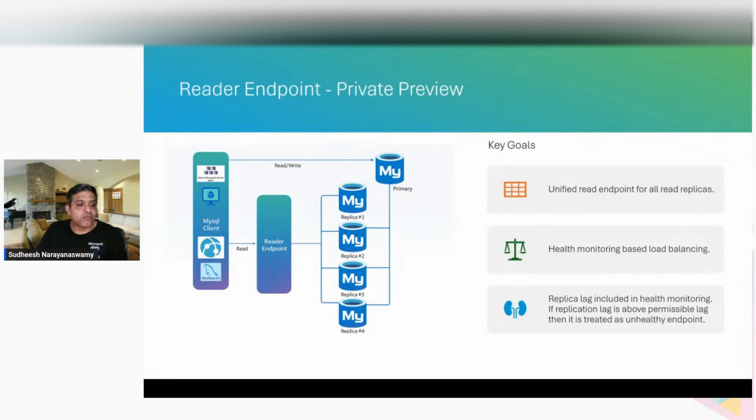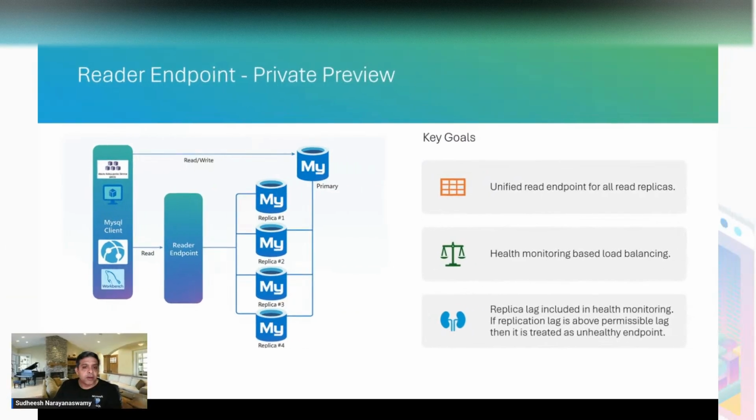But here we are bringing an endpoint to which you can target your reads. When you target the reads, the reader endpoint will decide, depending upon the routing logic you use, whether to select replica 1, replica 2, or replica 3, based upon DNS name splitting.